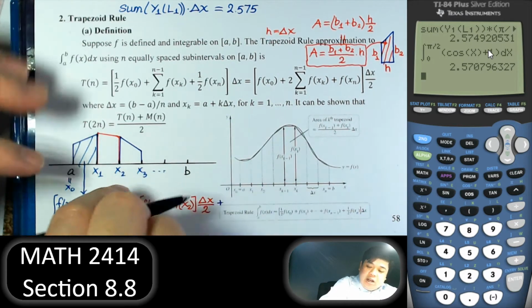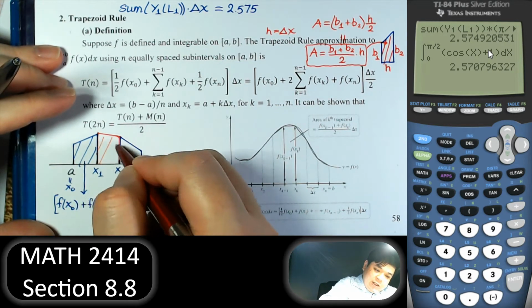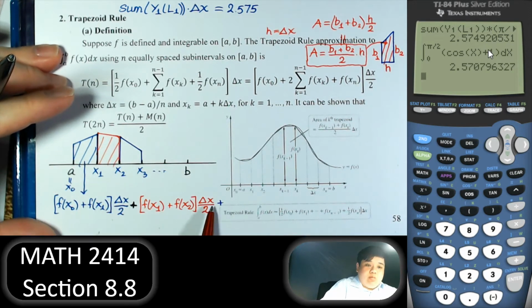So that's the area of the second one. And then we factor out the delta x over 2.